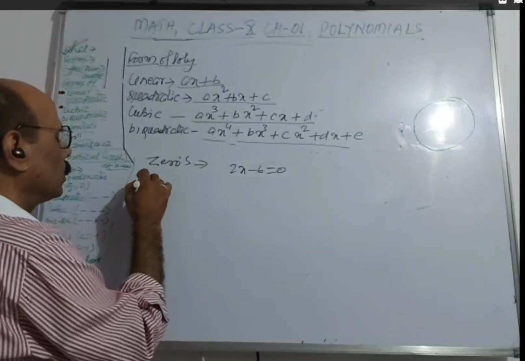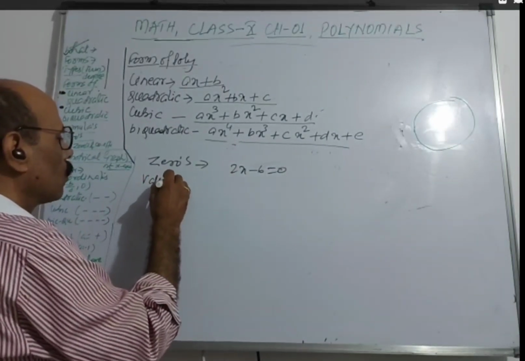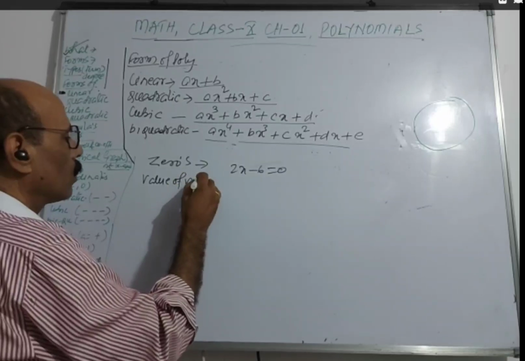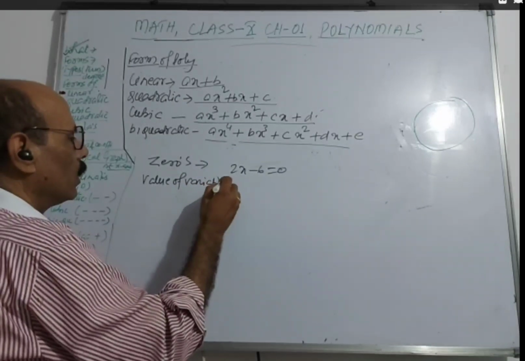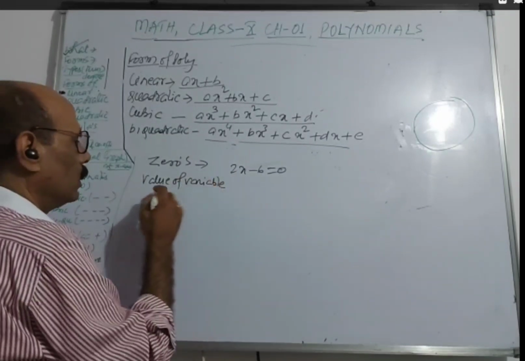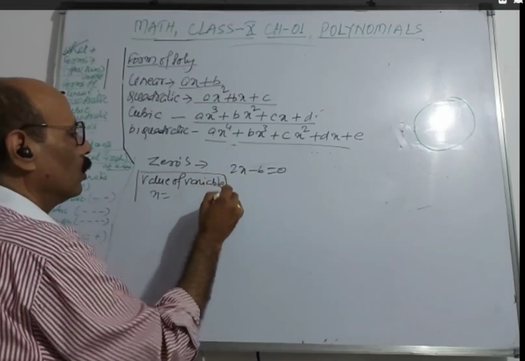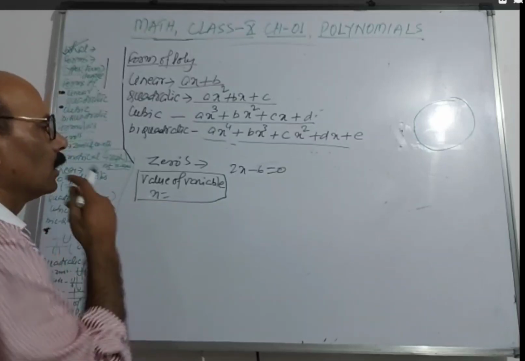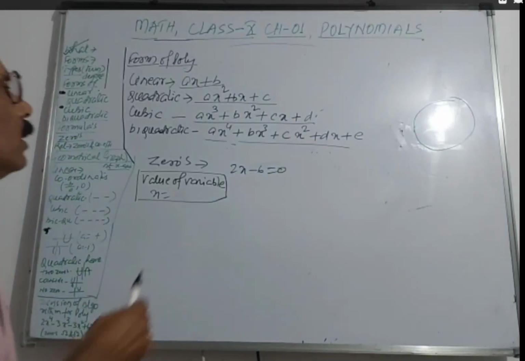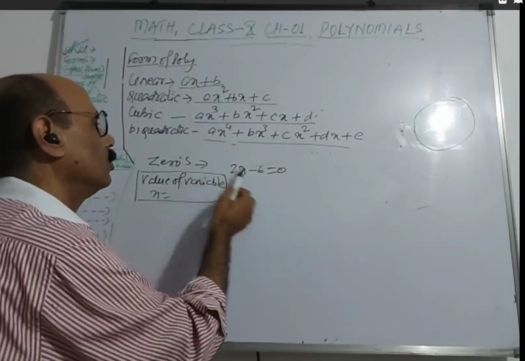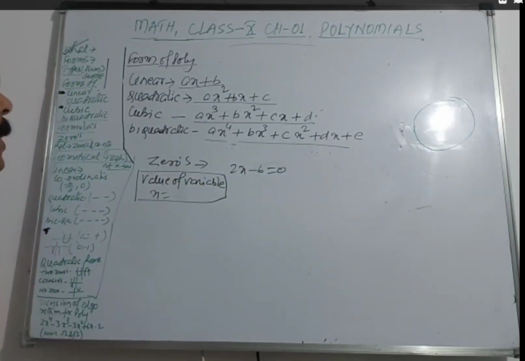Zero means what? Value of the variable. Here what is the variable? X. This is the zero of the polynomial. Find the value of x. Same thing: find the zeros of the polynomial.